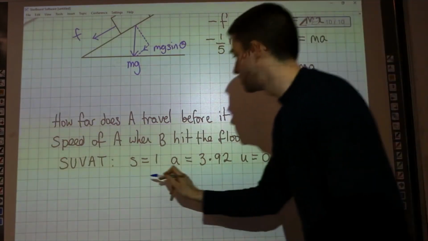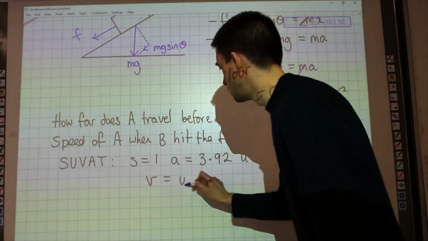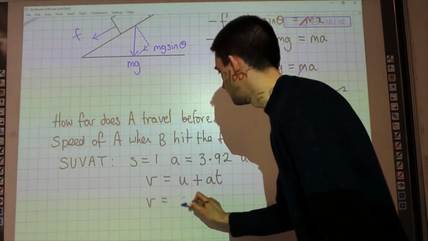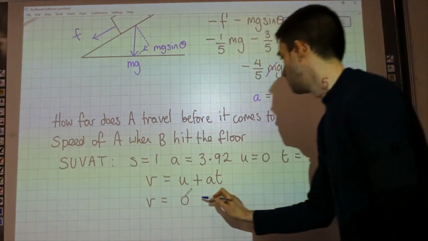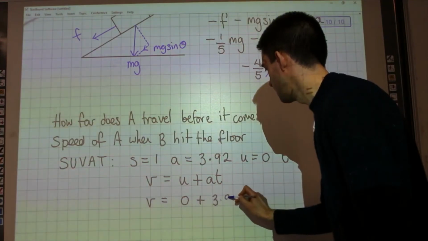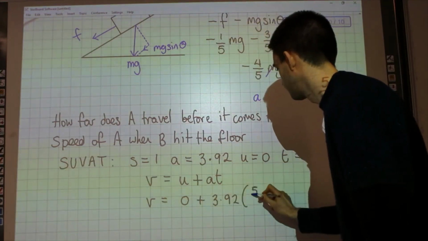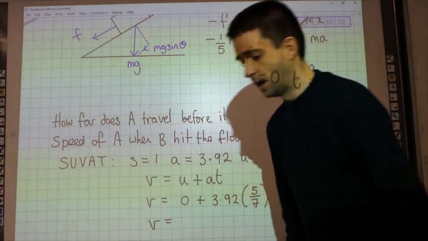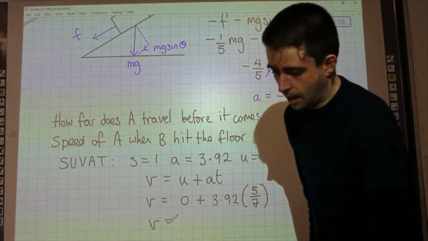What that means is that I can use V equals U plus AT. So V is 0 plus 3.92 times 5/7, which means that V is 2.8.